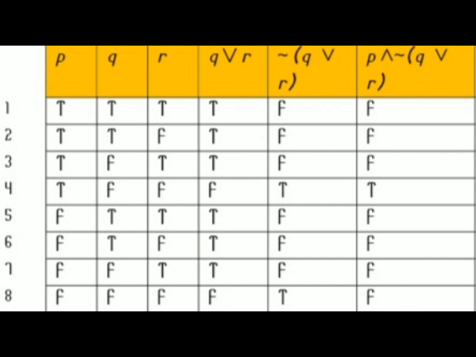While in row number 4, the 4th column is false. In order for the statement to be true, we need the value of the 5th column on row number 4 to be true. As indicated in the truth table, the expression in the 6th column is true only when P is true and both Q and R are false.